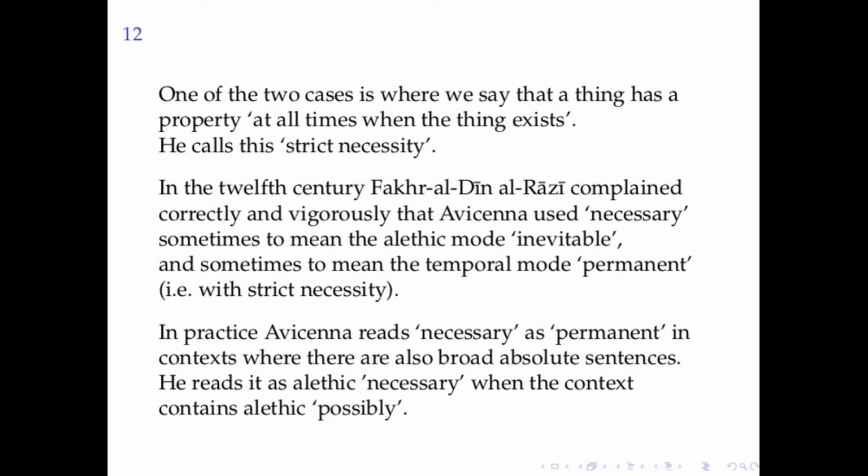He uses the Arabic word khabt here, which means a kind of confusion where you keep walking around bumping into things. He said Avicenna and so on have got themselves into confusion by using the word necessary sometimes for inevitable and sometimes for permanent.